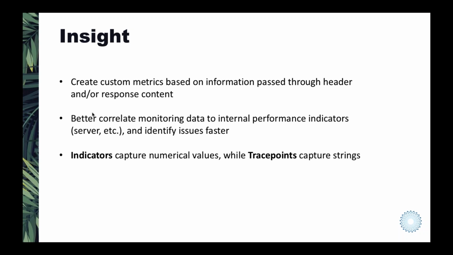You can very easily focus in on a given server and say, hang on, this particular server is causing us problems. Let's investigate this server and find out why it's not performing as well as the other servers within our infrastructure. That's just a couple of scenarios of the power of Insight, the ability to capture custom metrics and data.